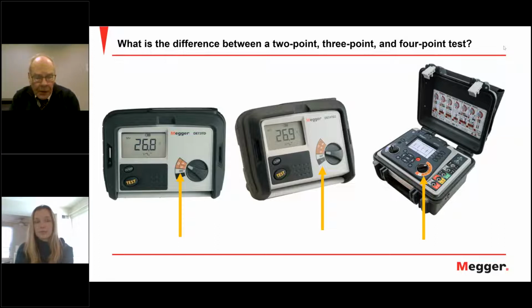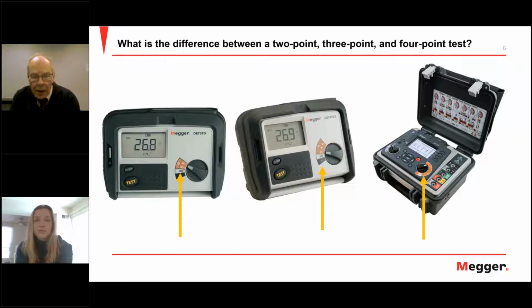So a 2-point test, also called the dead earth test, is called that because it uses a return which is not part of the electrical system, so it's electrically dead. The water pipe system is generally what is used, although sometimes it could be building steel or something like that.